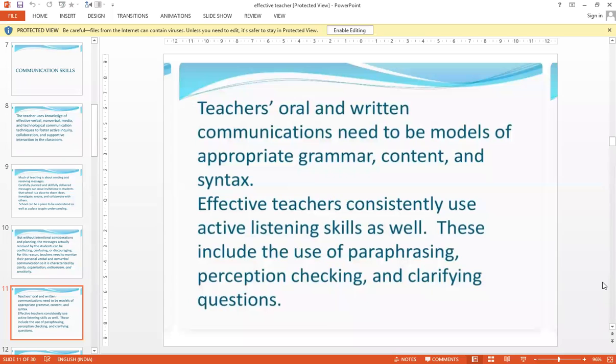Next, effective teachers consistently use active listening skills as well. This includes the use of paraphrasing, perception checking, and clarifying questions. The effective use of all these skills increases students' engagement.